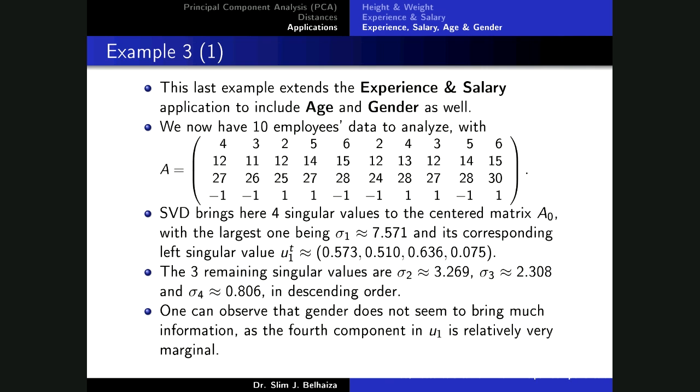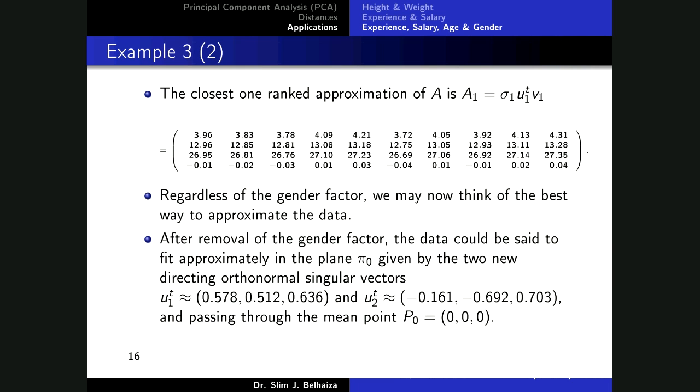When you remove it, here I'm given the continuity of the first thing. So this is the closest rank approximation to our A0 matrix. And if you remove the gender vector, regardless of the gender vector, we may now think of the best way to approximate the data.